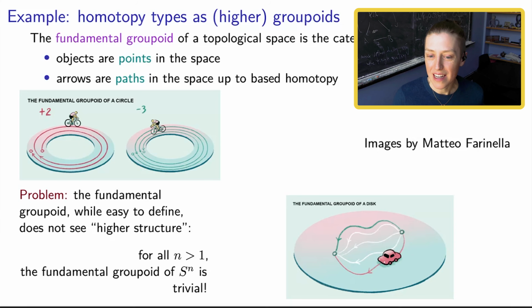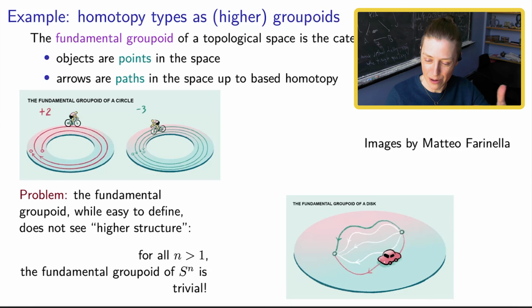In fact, any path you can take through the disk from the left-hand point to the right-hand one is homotopic to any other path from the left-hand one to the right-hand one. So there's only one arrow. I mean, even though there's lots and lots of different paths, the arrows in the fundamental groupoid are paths up to the space homotopy. There's really only one arrow up to homotopy.